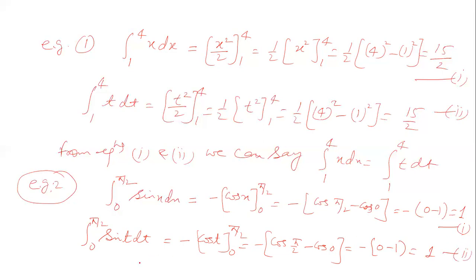From equations 1 and 2, we can say integral from 0 to pi by 2 of sin x dx equals integral from 0 to pi by 2 of sin t dt.